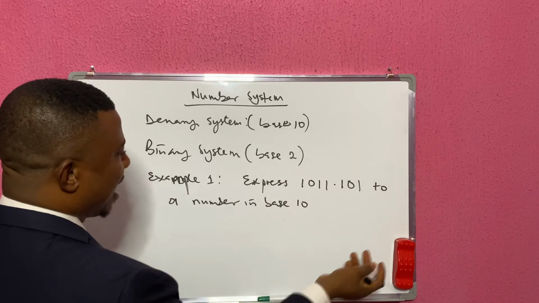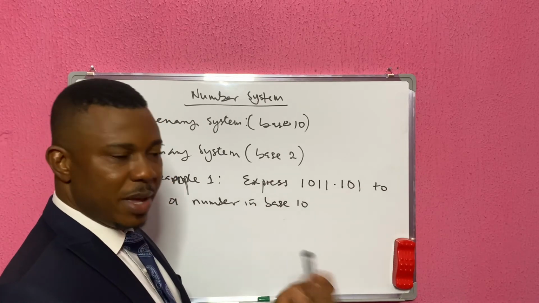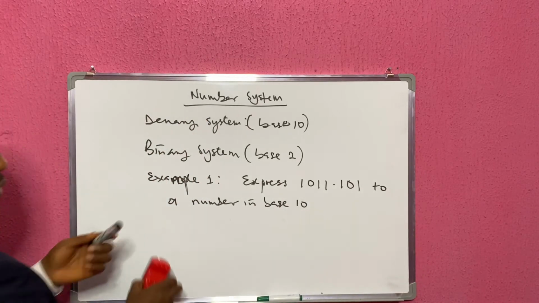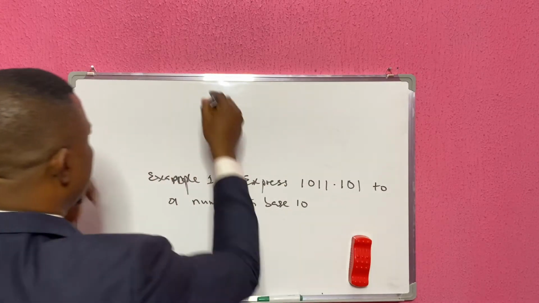It can be called denary or base 10. Denary form or base 10. Don't forget, look at the question. Solution.